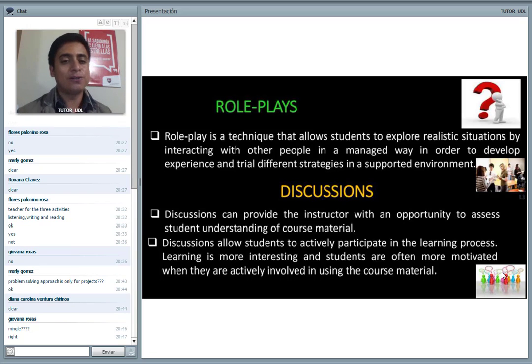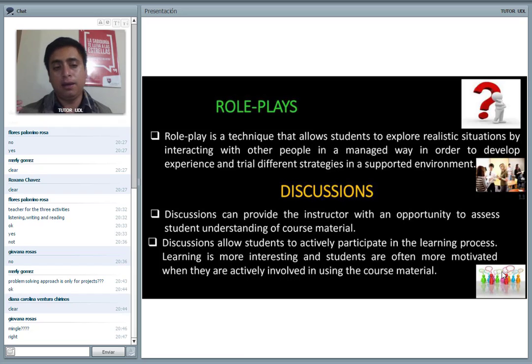Okay, good. So now here we have the differences between a role play and a discussion. Most of us maybe get confused about them, but of course they are totally different. They are not the same. A role play is a technique that allows the students to explore realistic situations. In other words, the students take a role.